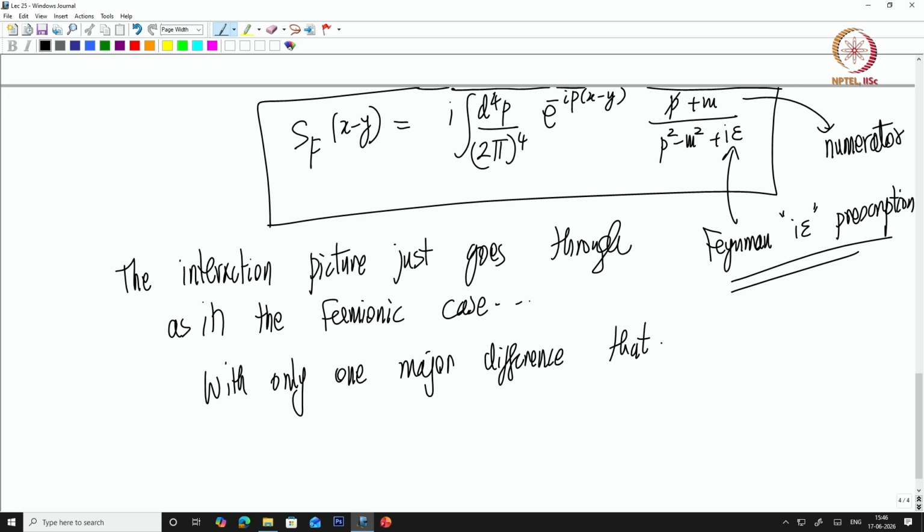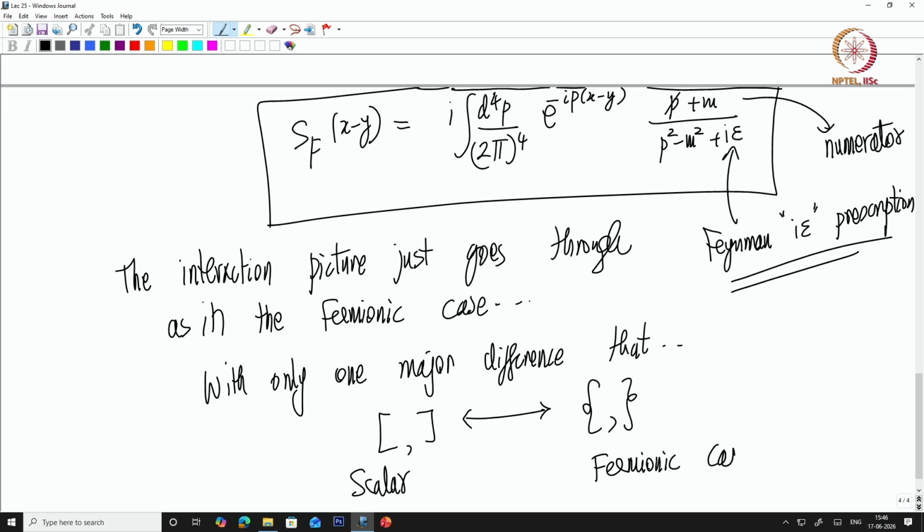that for the contractions and so on, all the other things, the commutators are replaced by anti-commutators in the fermionic case. So this is the scalar case in which you have the commutators, and in the fermionic case these are replaced by the anti-commutation relations.